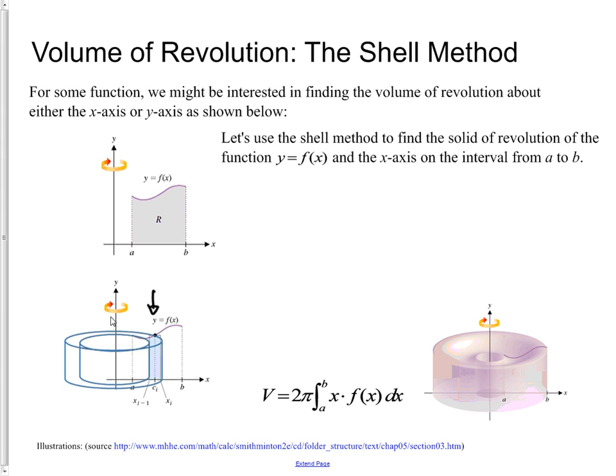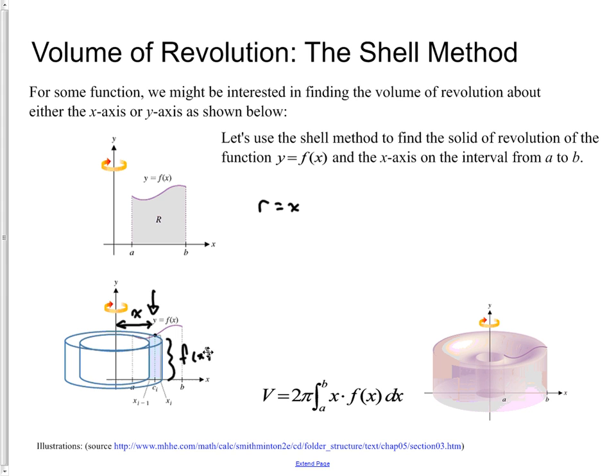In this case, if we're going about the y-axis, instead of a radius, we're going to let our radius be replaced with the value x, right, because x is the distance from the y-axis to whatever x value we're talking about right here. For the height, of course, we have our function f of x.